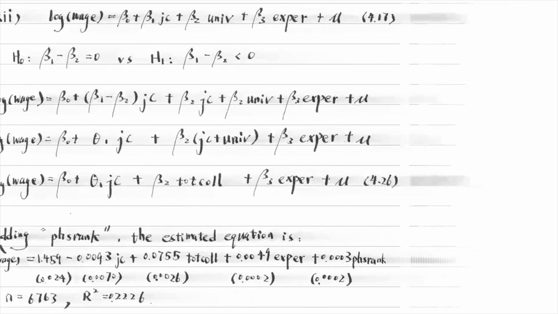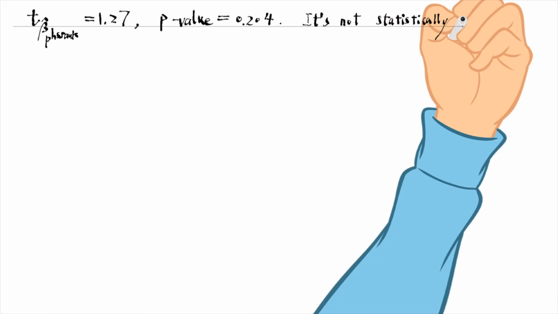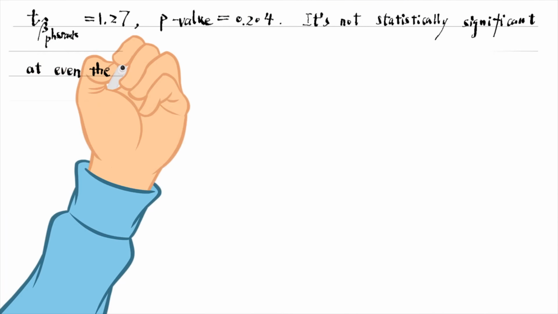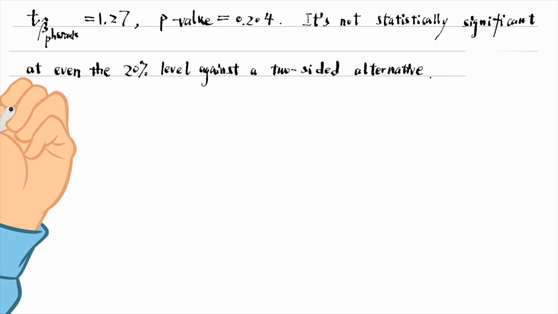The t-statistic for the high school rank is 1.27. Its p-value is 0.204. The high school rank is not statistically significant at even the 20% level against a two-sided alternative.